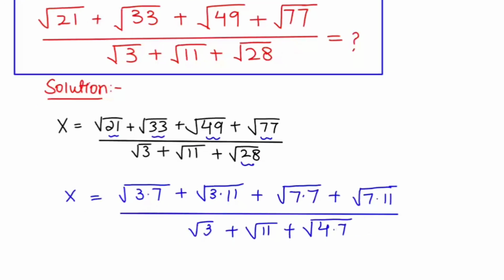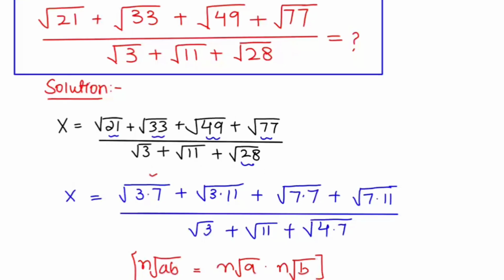Next, I am going to apply the radical rule, that is nth root of a times b can be written as nth root of a times nth root of b. I am going to write everything in separate roots.